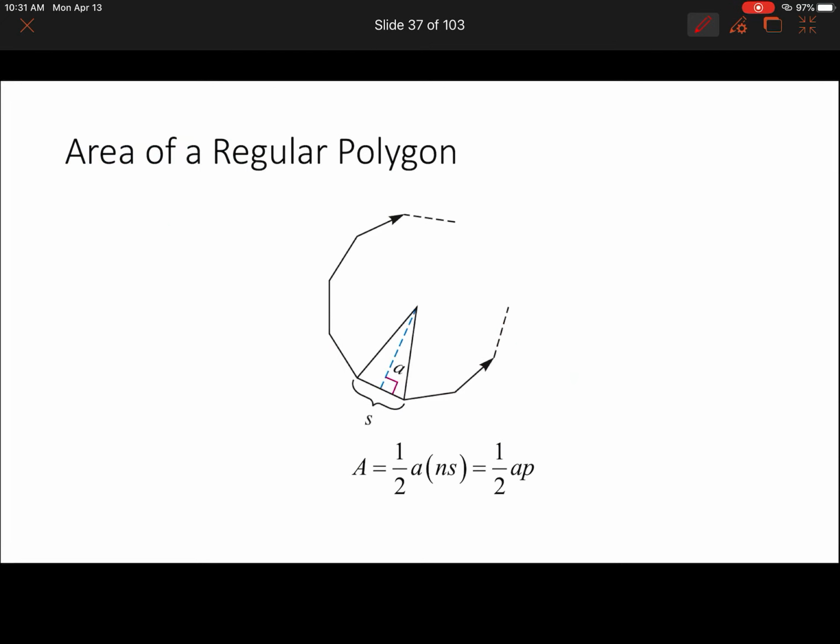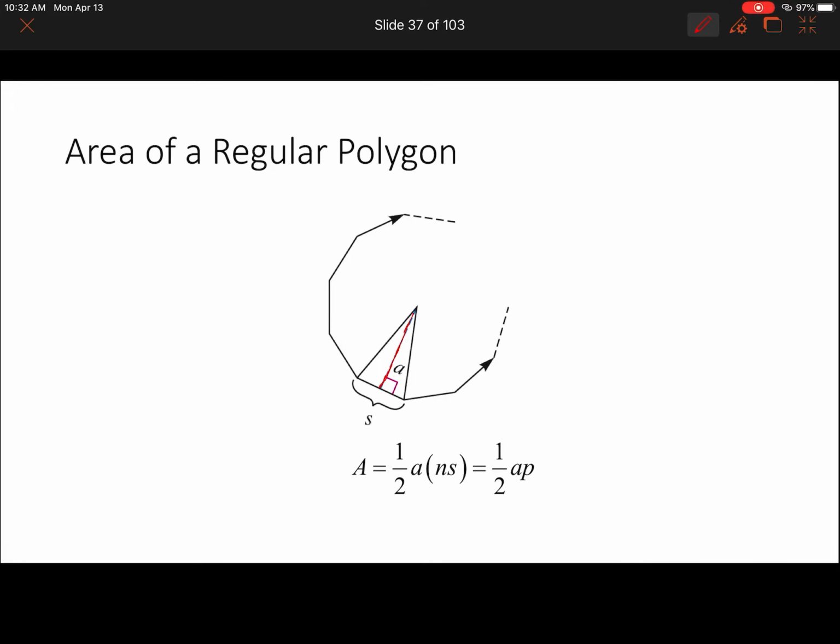Alright, so let's talk about area of a regular polygon. So the area of a regular polygon can be found by 1/2 times A, which in this case is the radius, or if it's a circle, it would be the radius. It's the height of this triangle.